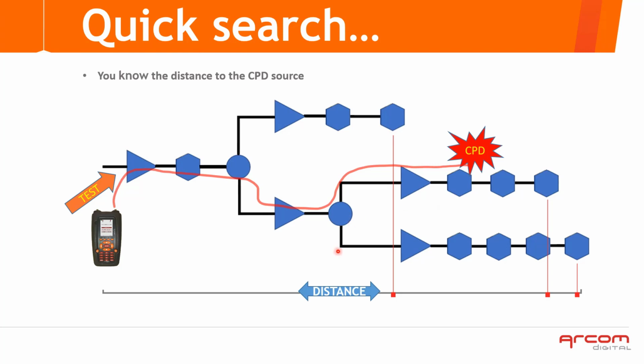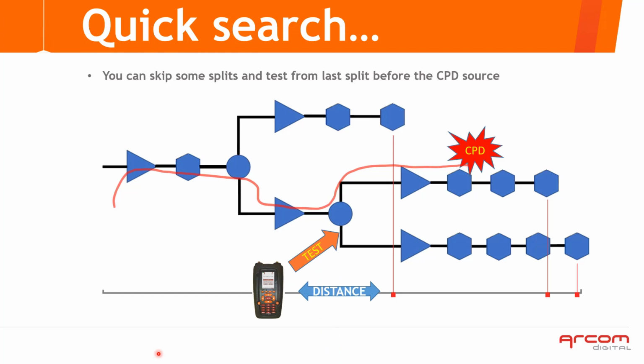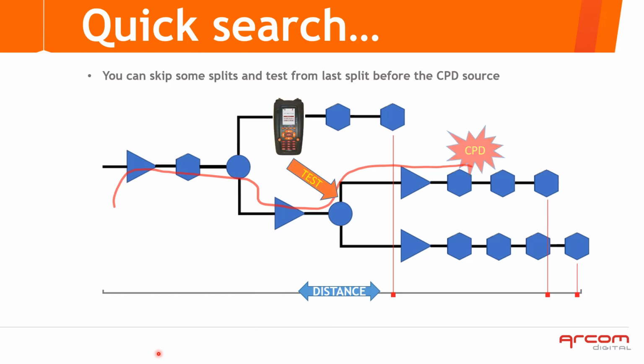So to save time, you can actually skip this splitter and go straight here, test. You can test on the other side and you will find out how far away you are from the CPD source.